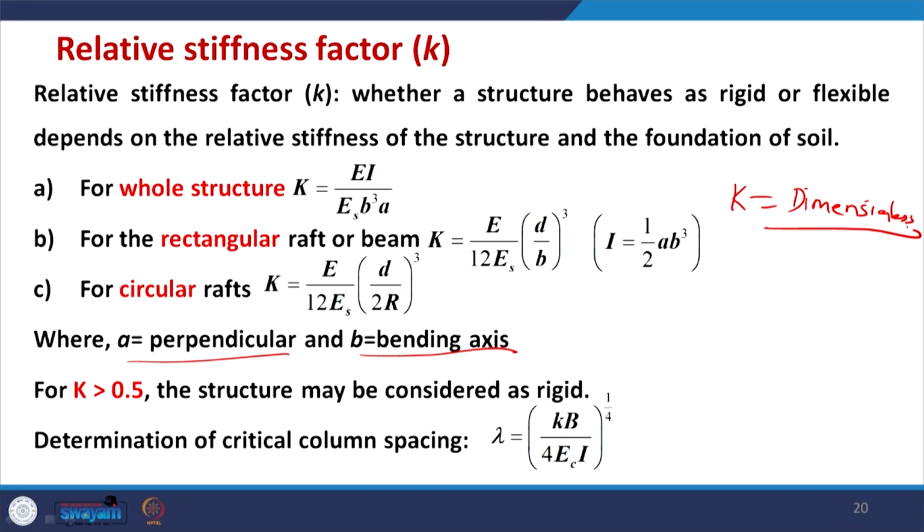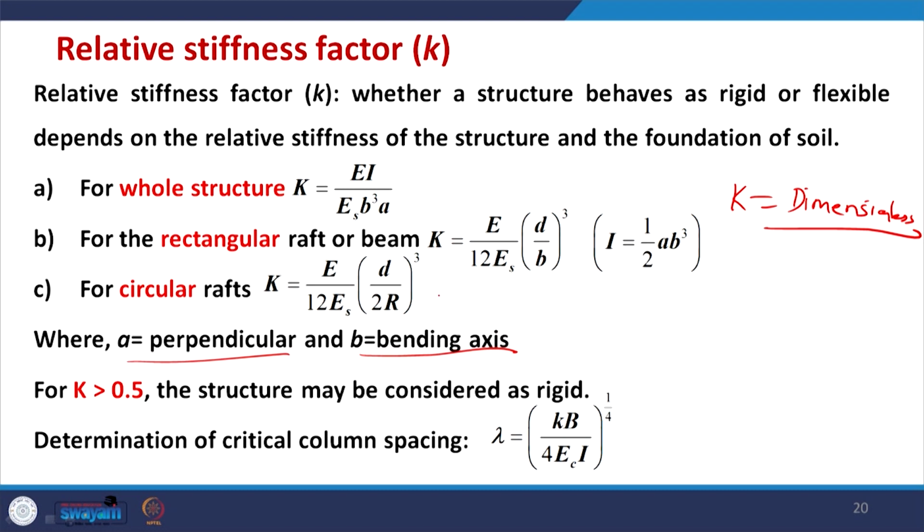For the whole structure, K for a rectangular raft or beam can be simplified as given here, where E and ES are the same as earlier: E is the Young's modulus of the concrete, or of the raft foundation, and ES is the Young's modulus of the soil, and D over B cubed, where B is the dimension along the bending axis and D could be the dimension in the other direction.